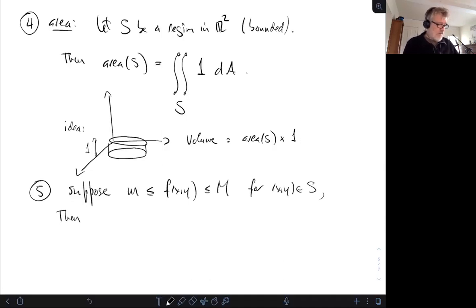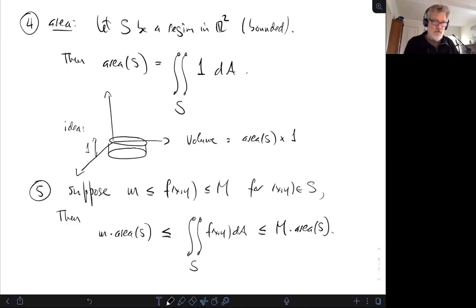In fact, this property 5 will follow from properties 3 and 4. So little m times the area of S will be less or equal to the double integral over S of f, less or equal to big M times area of S.